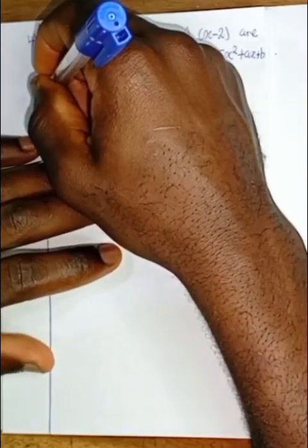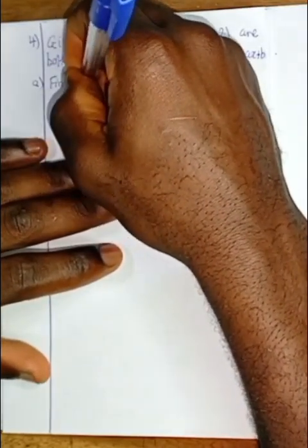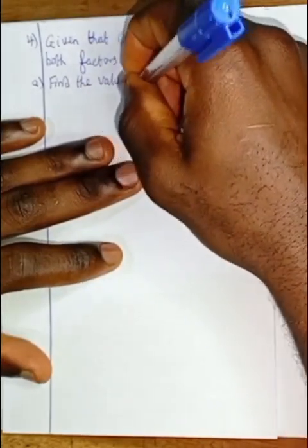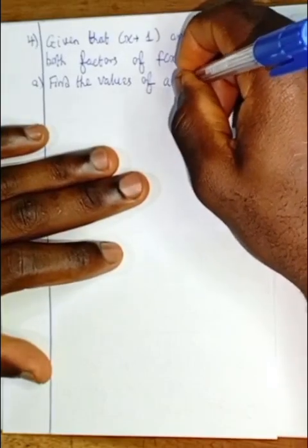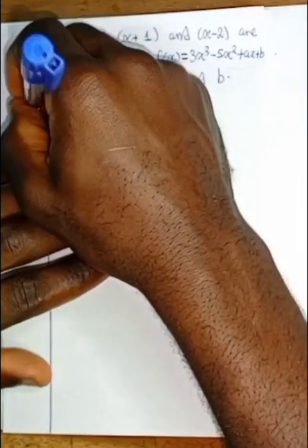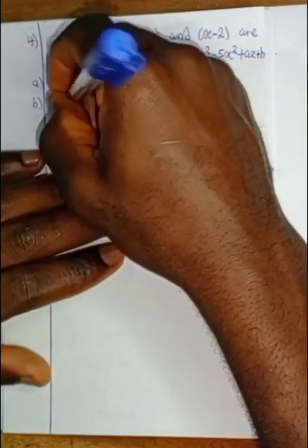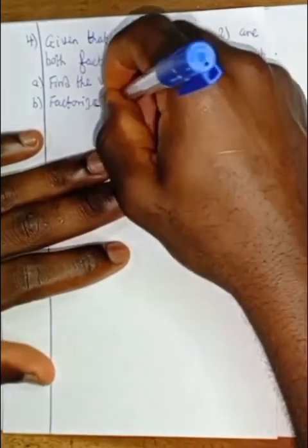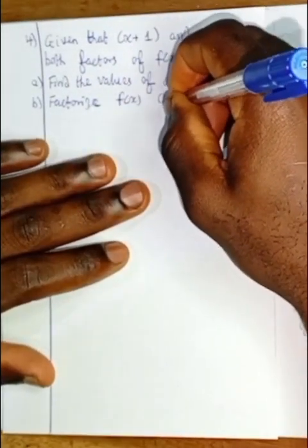Question A says find the values of A and B. Question B says factorize f of x completely.